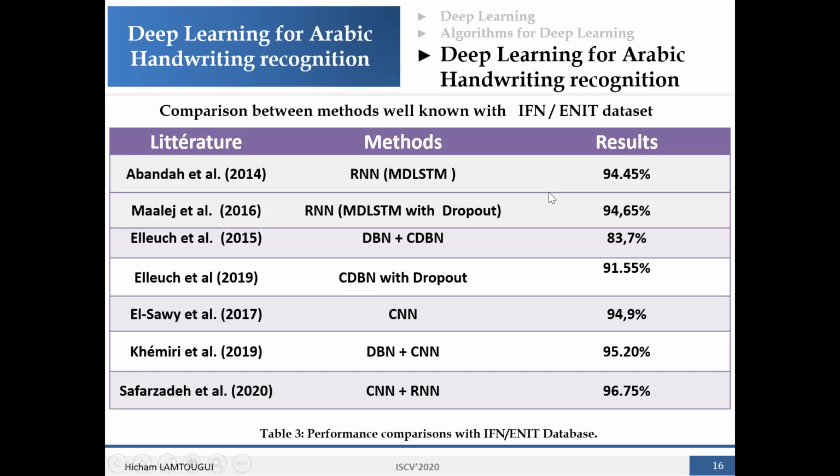The dropout regularization technique improves the accuracy rate. The dropout technique has shown its advantage through the CDBN method compared to the combination of CDBN and DBN.